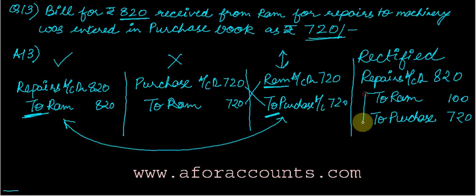See, the total of credit should be equal to the total of debit. 720 plus 100, 820, and my debit is also 820.